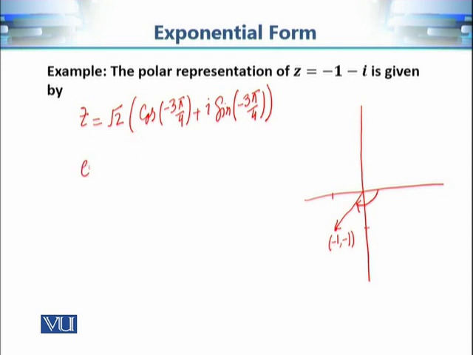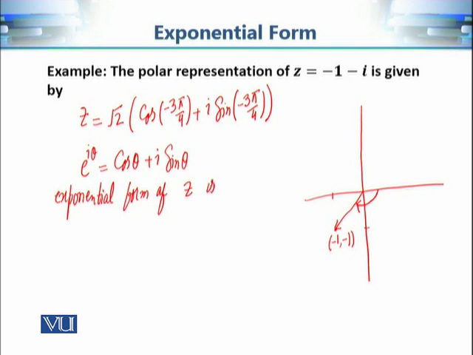Now using Euler formula, which says that e raised to power iota theta is equal to cosine theta plus iota sine theta, we can write down the exponential form. So the exponential form of z is given as, so z is equal to square root 2 exponential and then iota -3 pi by 4.